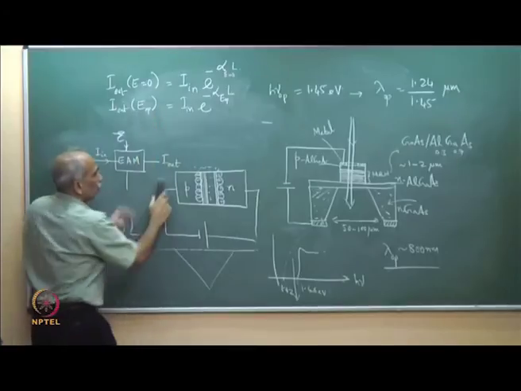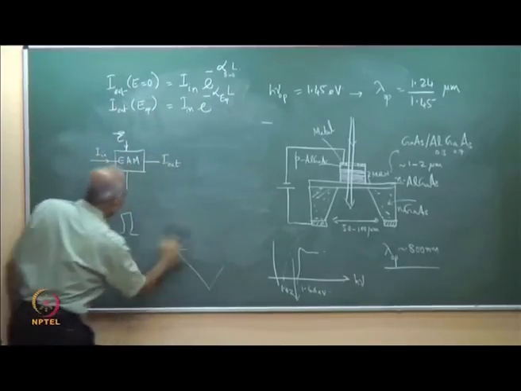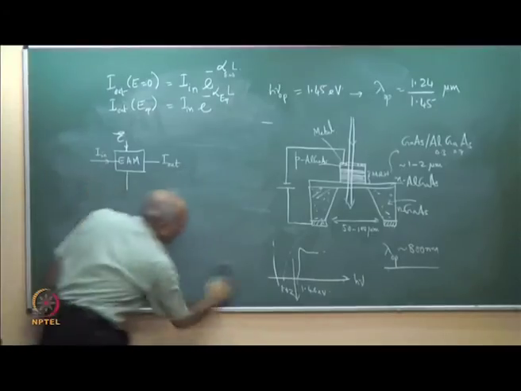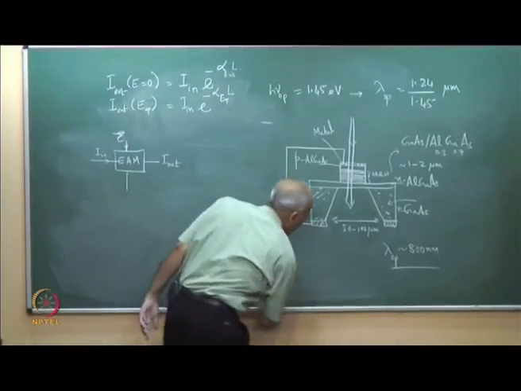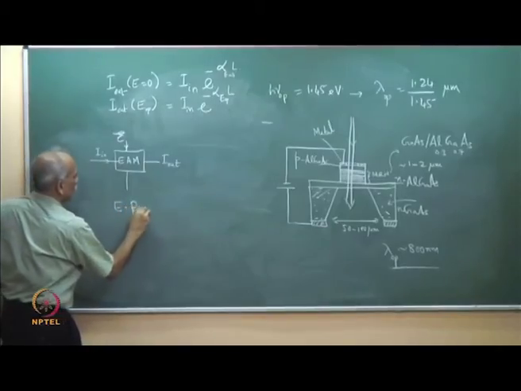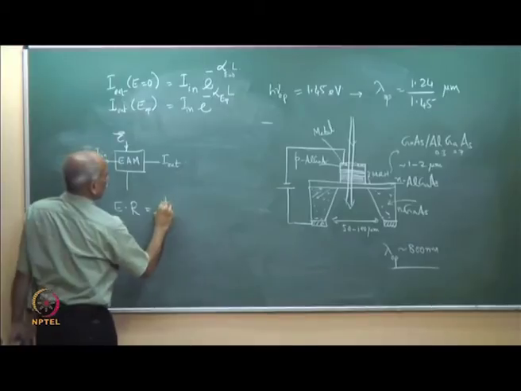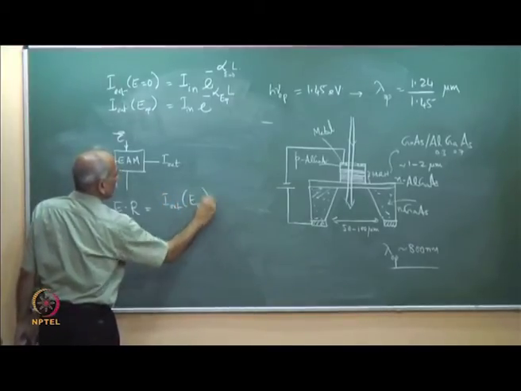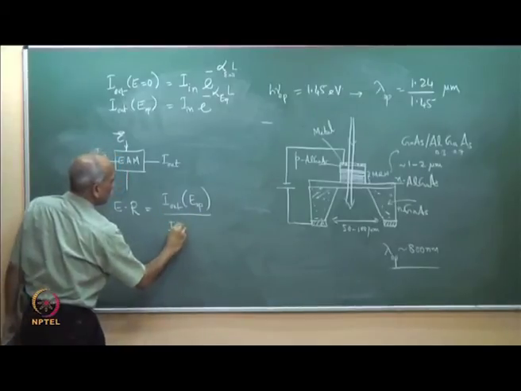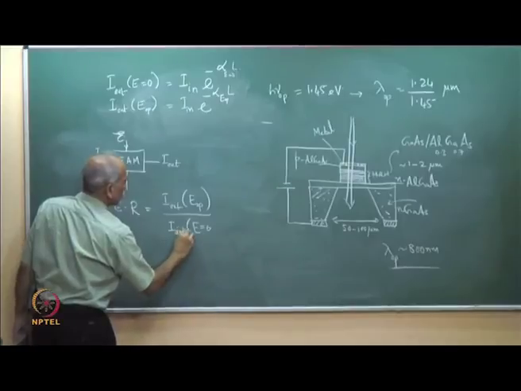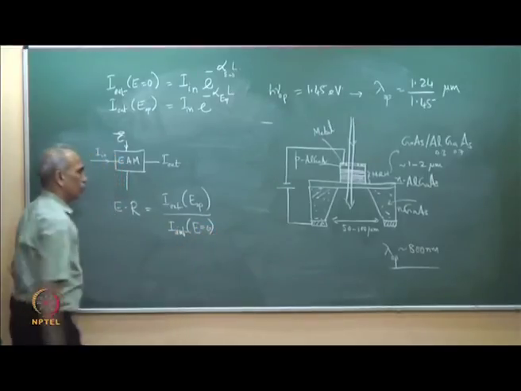So, the modulation index is given by, which is also called the extinction ratio in this case. The extinction ratio ER is equal to I out with electric field divided by I out without electric field. I in is constant.